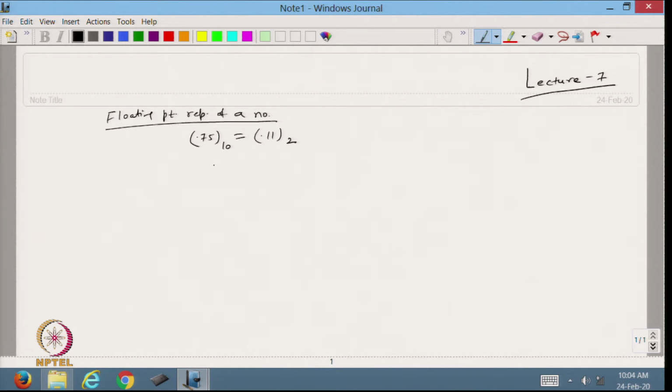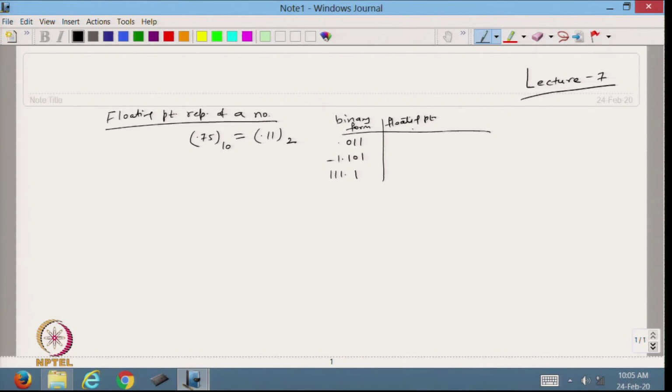Now suppose the numbers are given to me in binary form. So suppose I have a number like 0.011, or maybe 1.101, or maybe 111.1. This can be presented in floating point form.